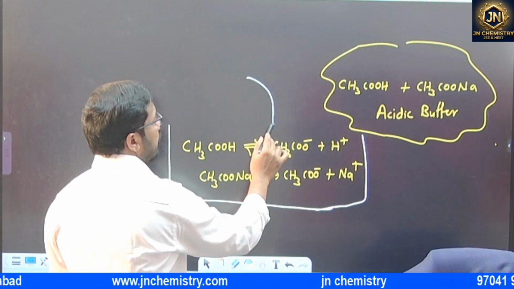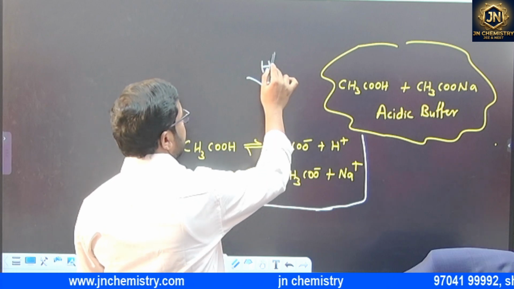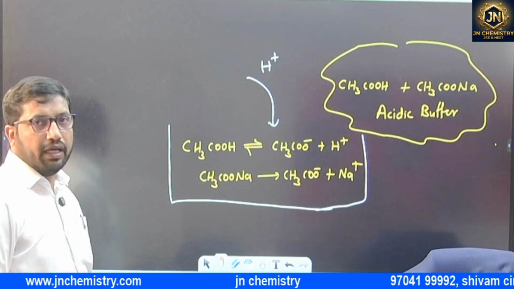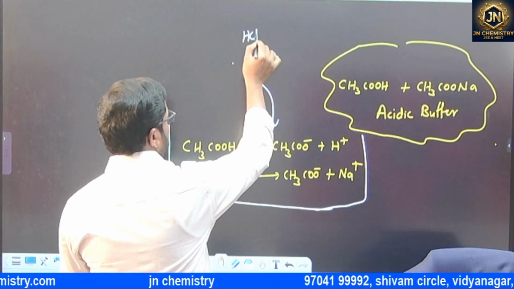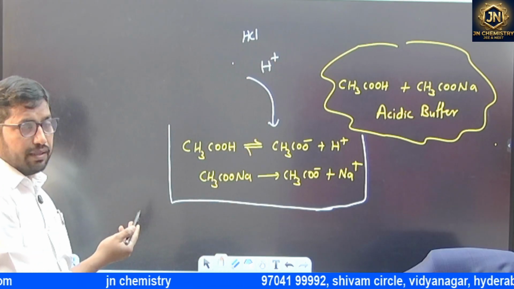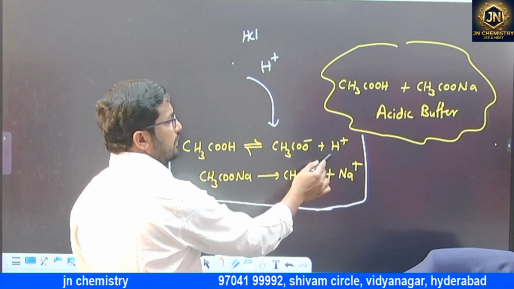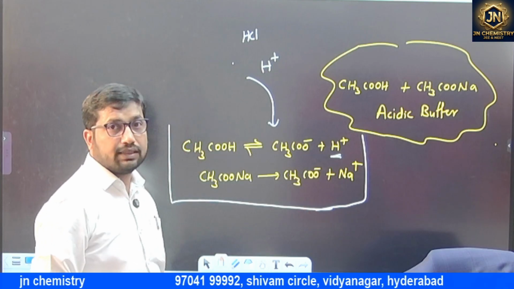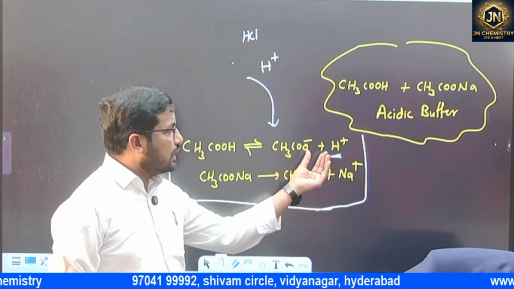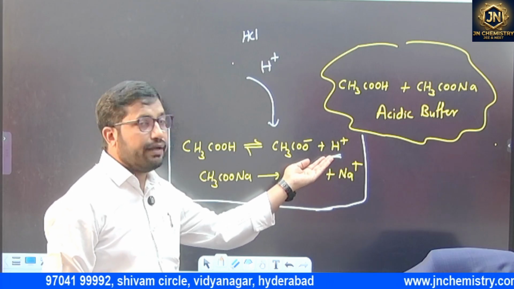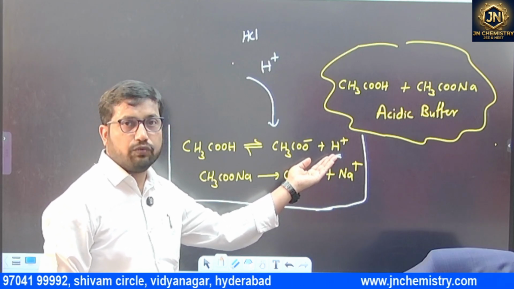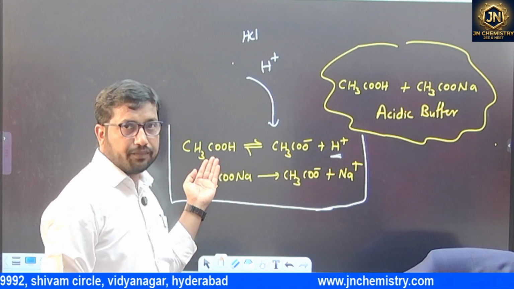For example, if you are adding some small amount of acid, say HCl, 100% H plus is coming. When H plus is coming, the H plus concentration increases on the product side. Because the concentration of the products increases, the reaction moves in the backward direction.